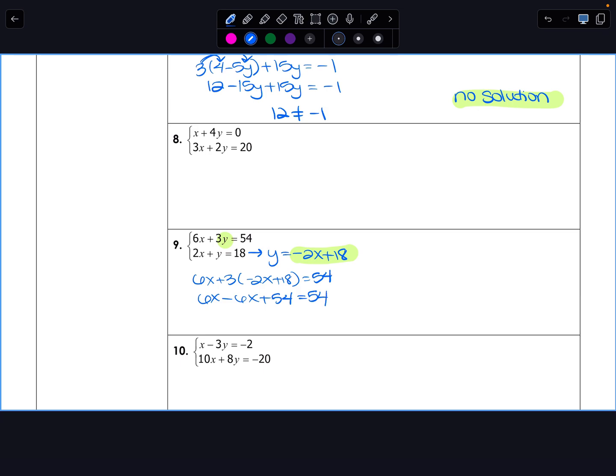And what do you notice? The x's go away, and I'm left with 54 is equal to 54. So this is infinitely many solutions, because I got a true statement.